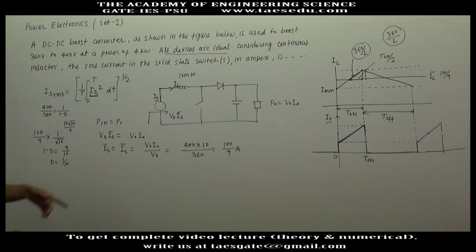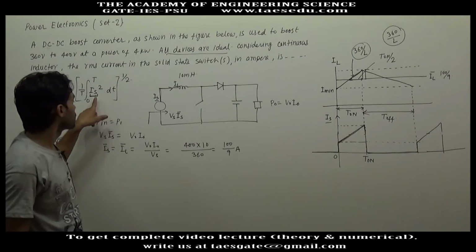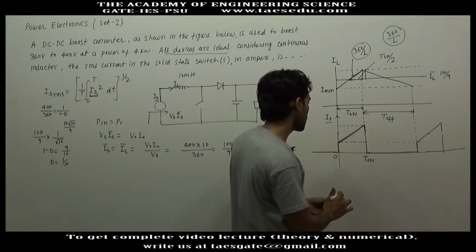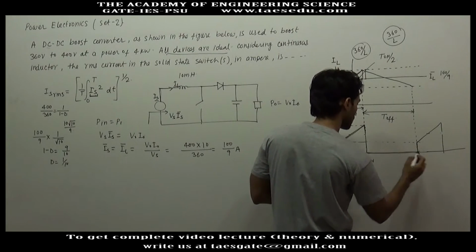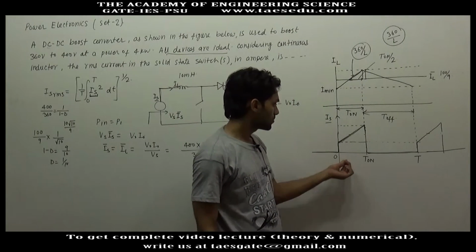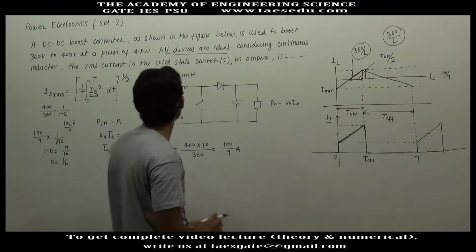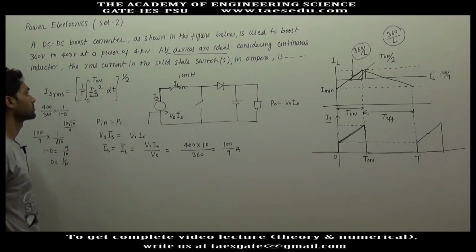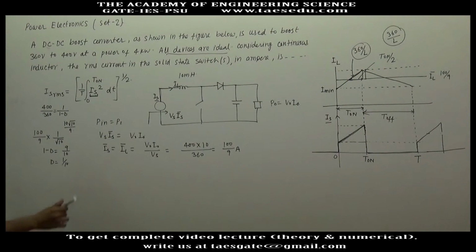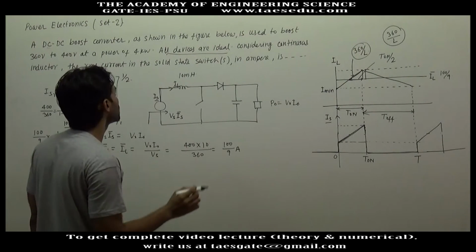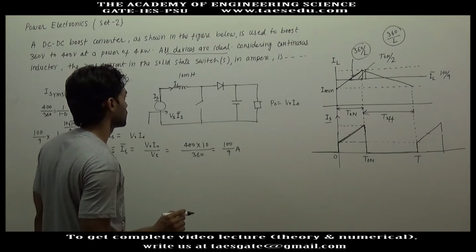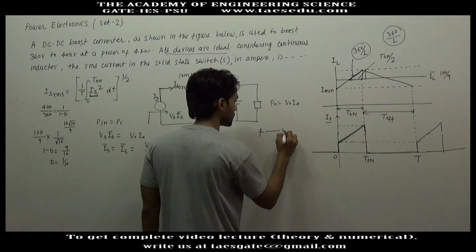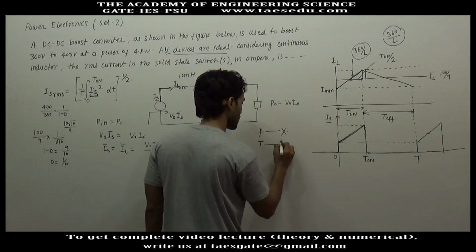Now you will integrate the equation of is from 0 to capital T, and in 0 to T it gives a non-zero value for the t on duration only. So you will integrate from 0 to t on, but in the question t on is not given. The switching frequency is not given, so you cannot calculate the total time.